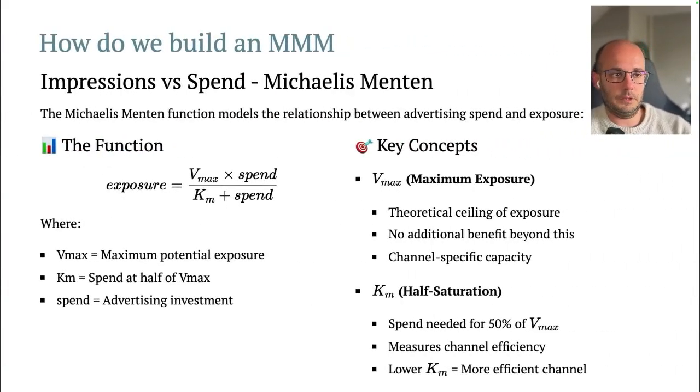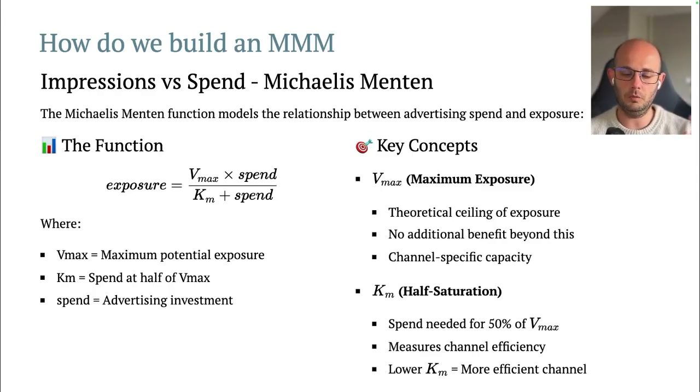Now, going back to a point I mentioned earlier, impressions versus spend. When you're doing the model, you should use an exposure metric. So you're talking GRPs, gross rating points, for TV, and impressions for digital advertising.